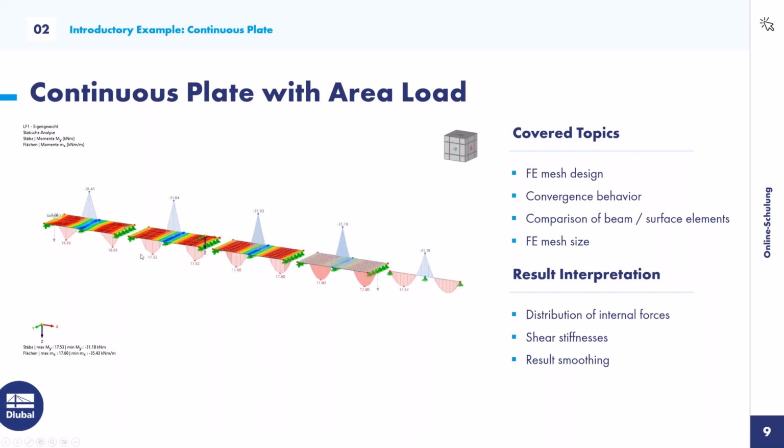So we're gonna inspect how the mesh size will influence our results. Also, we will compare it to a simple beam, just like one of the easiest structural systems. We will investigate and inspect the problems of the mesh size.